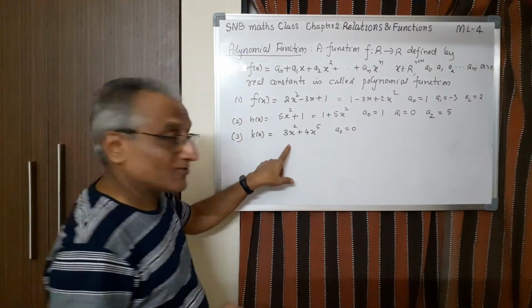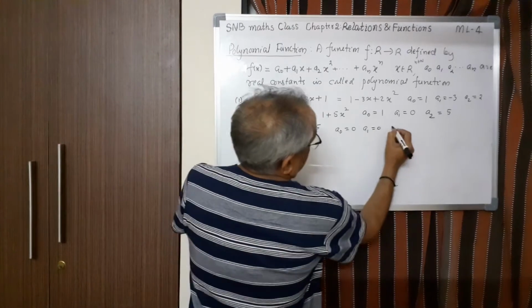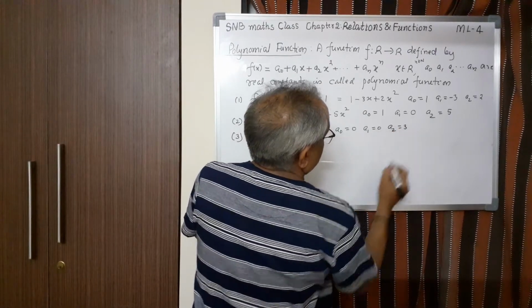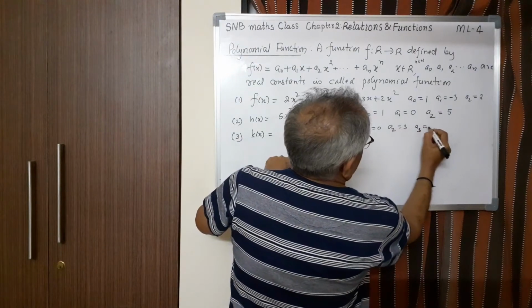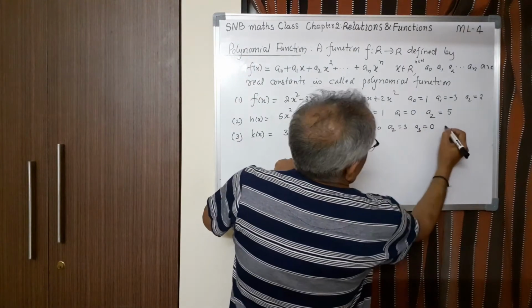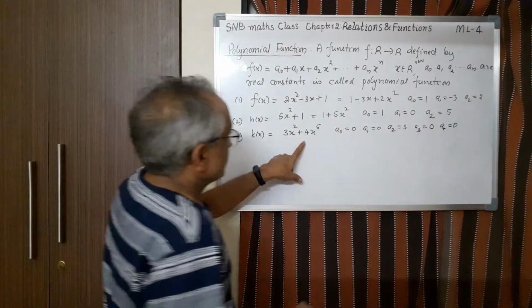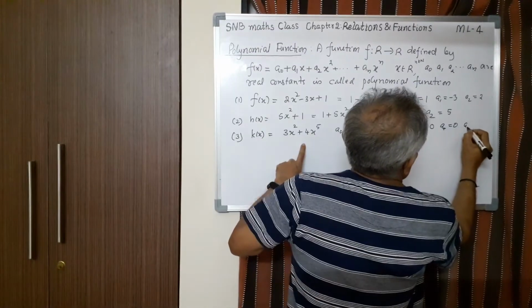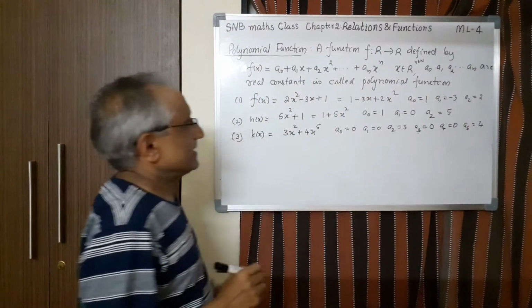The x term is also not there, therefore a1 is also 0. Then a2 is 3. Then a3, the cubic term, is not there, so 0. a4 is also 0 because x power 4 is not there. Then a5 is 4. So this is the understanding.